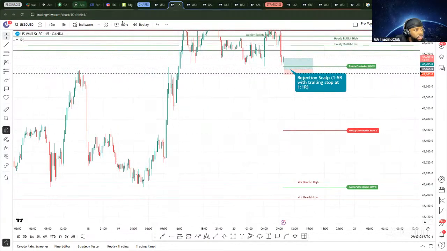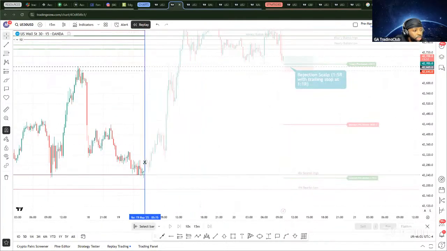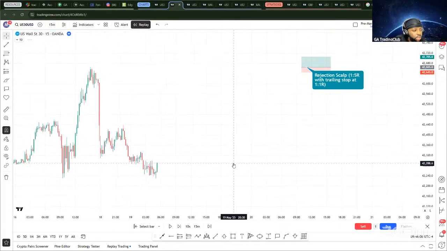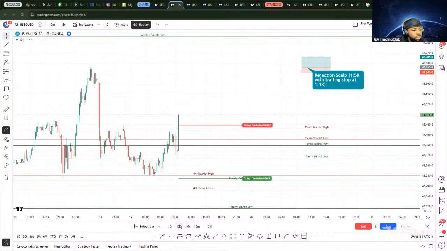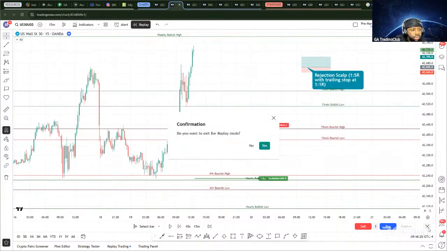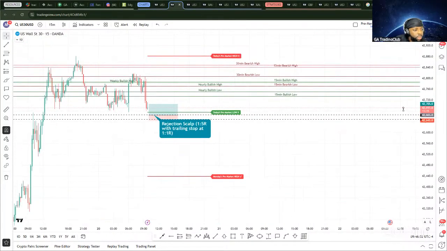I'm curious as to something here. Give me one moment. I thought I made this indicator change yesterday. There should be an update on this indicator.